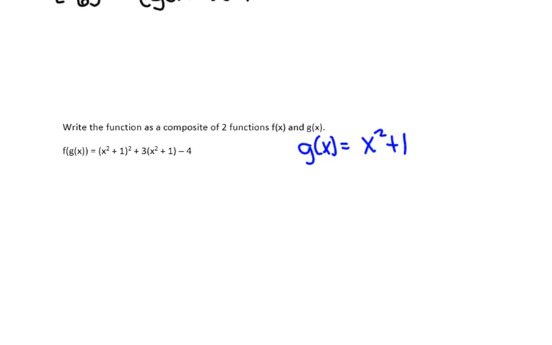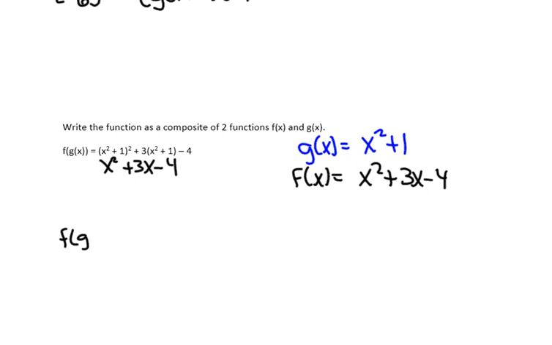Now, on the left-hand side, what's the outer function? Outer function, f of x. What is going to be the outer function on the right-hand side? Well, if I can replace x squared plus 1 with a giganto x and another giganto x, looks like I have the trinomial x squared plus 3x minus 4. Now, I can check my answer with those. Well, let's do that. According to mine, I did x squared plus 1 for g of x.